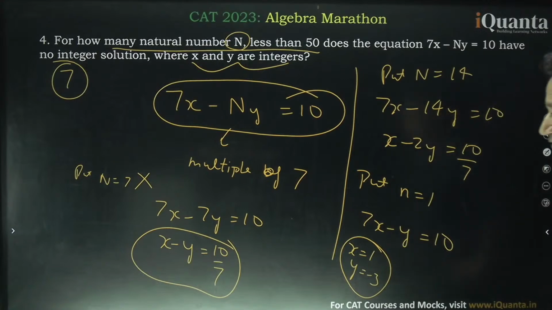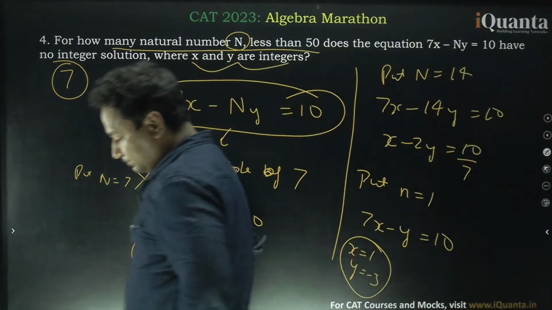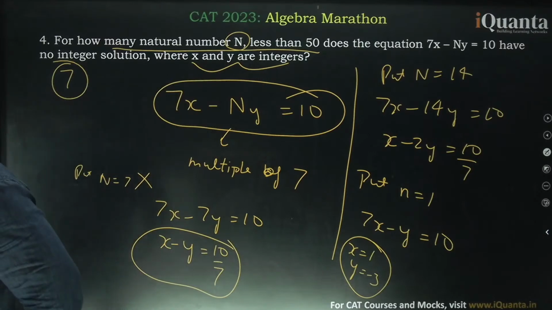Proper CAT level question this is. The trick was this only, that when you divide something by 7, you should be having no remainders. So based on that, if they relate to it, people can get the answer.